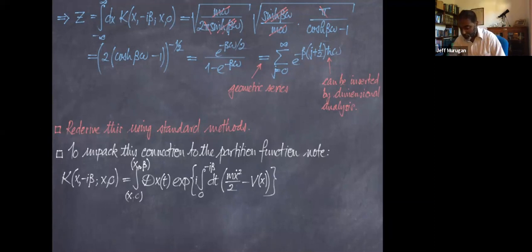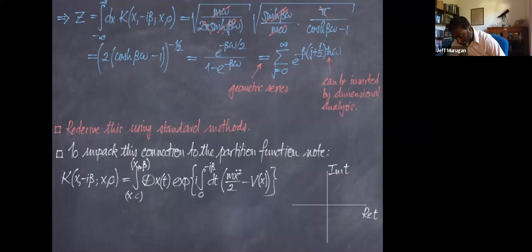And now the integration that I'm doing is an integral taken over the negative imaginary t axis. So I've analytically continued the time variable. This is the real part of t, and this is the imaginary part of t.